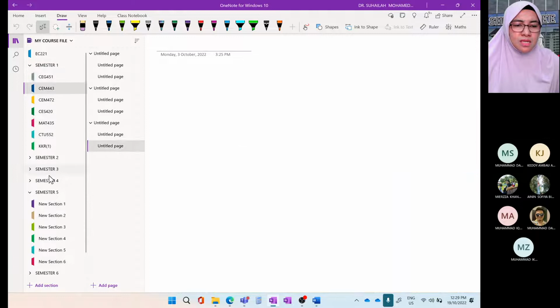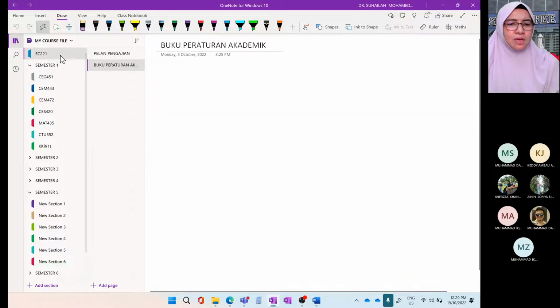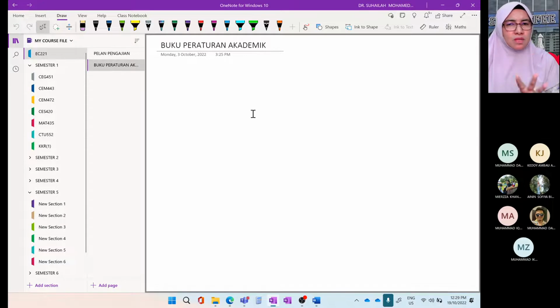Dalam setiap courses ni, you boleh letak all your reference, all your exercise, all your evidence. Pelan pengajian, maybe buku peraturan akademik, you letak semua dalam OneNote, and you akan mudah nak access balik guna your phone.